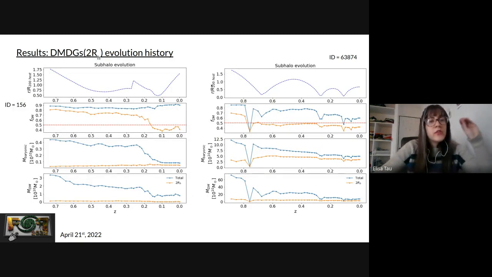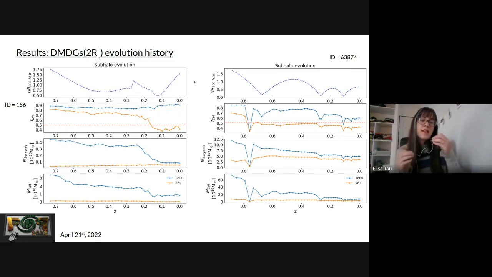And to show some examples and explain a possible formation channel, I'm showing you here 2 examples of the evolution of some subhalos. In this case, we have dark matter deficient galaxies that are deficient when considering their central region. In the first panel, you can see the distance between this satellite subhalo and its host.